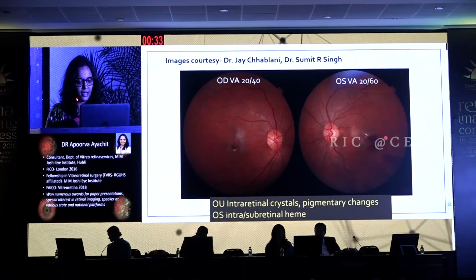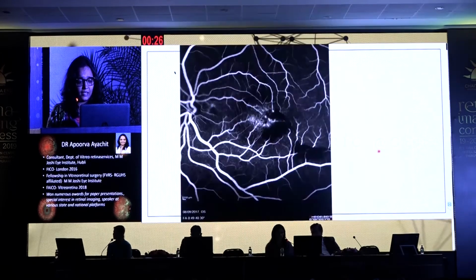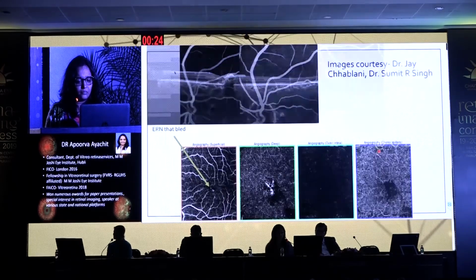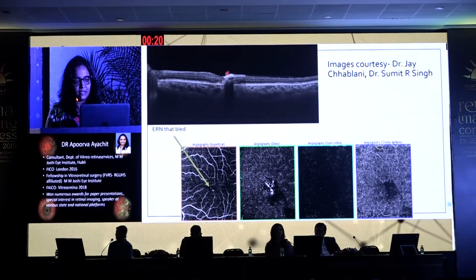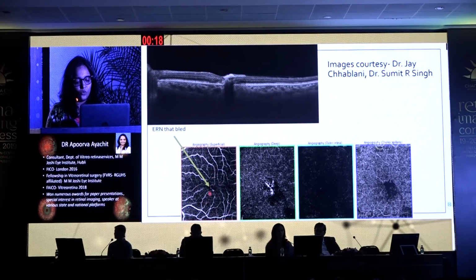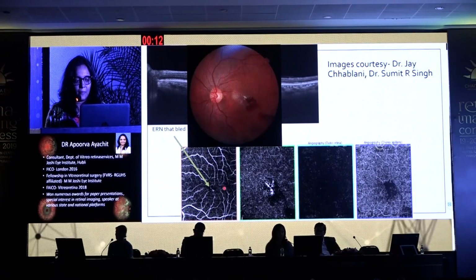So this is another case, one of my friends, Dr. Sumit, was kind enough to share, and this is a patient with bilateral pigment and a subretinal and intraretinal bleed. And you can even see on the OCT that there is a small membrane corresponding to an ERN on the superficial slabs. So this is probably an ERN that bled.